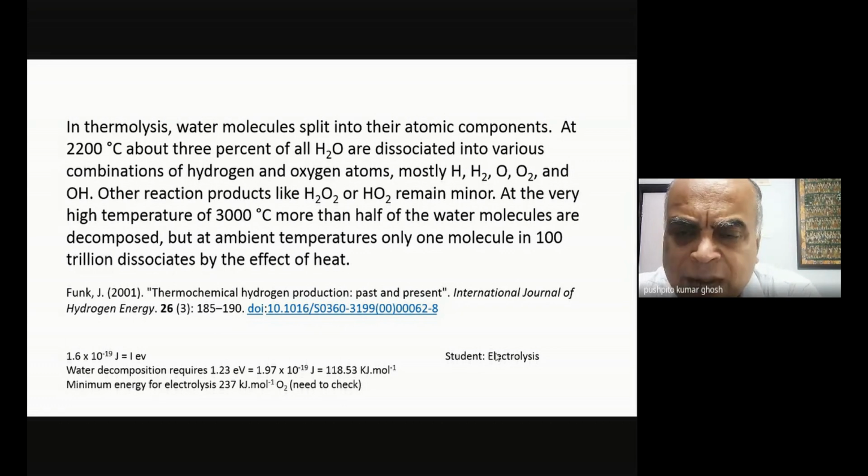But it requires a huge amount of energy to split it like that. That's why what you require is some kind of clever, catalytic way of doing the same thing at a lower temperature. Is that clear to everyone? Have you understood?